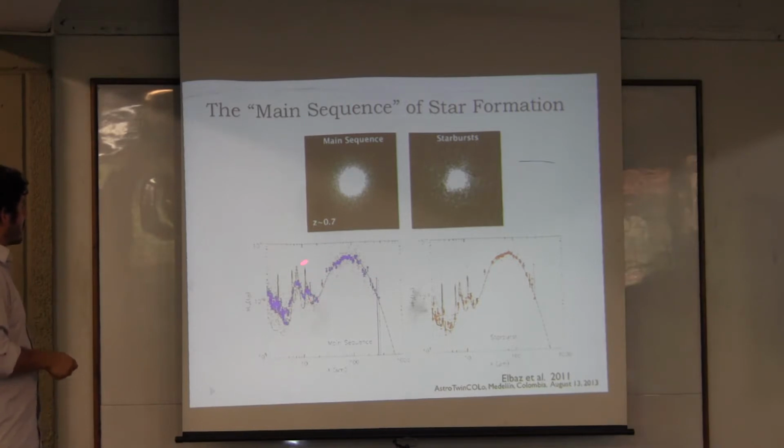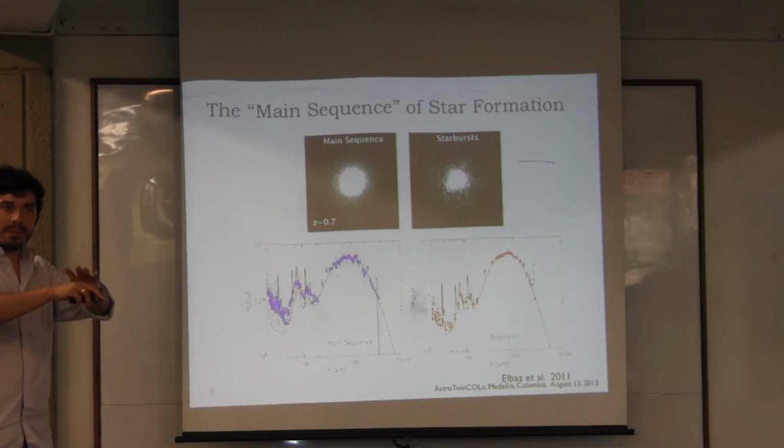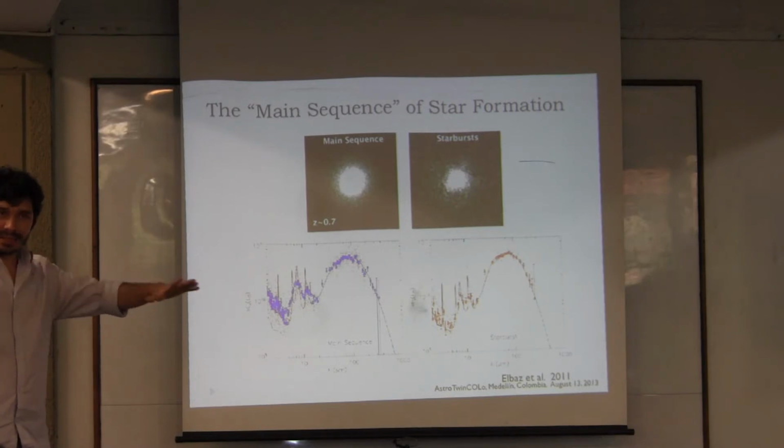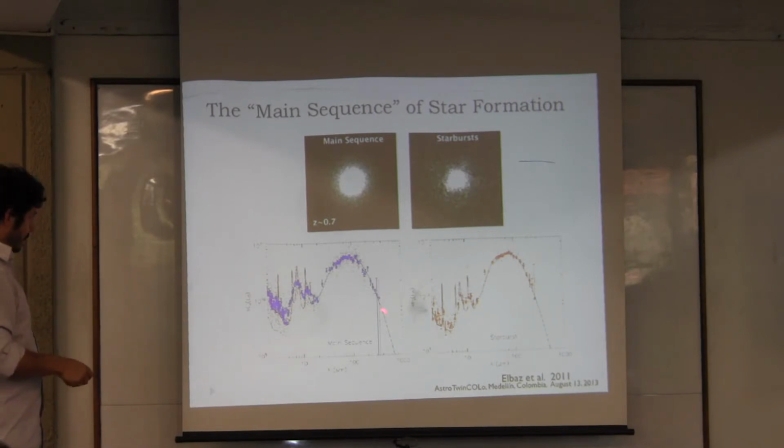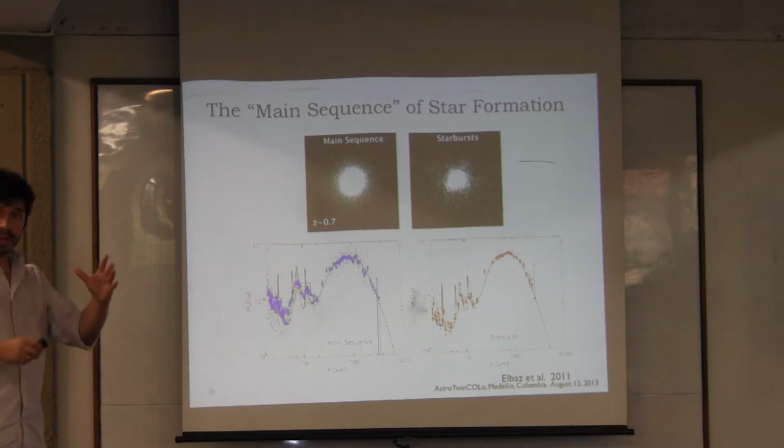And he and his collaborators realized that there are two types of SEDs. This type of SED, which peaks at longer wavelengths, is related to galaxies that are more extended, that form stars in the disk in a more extended way, whereas these types of systems are more concentrated when you look at the galaxy.